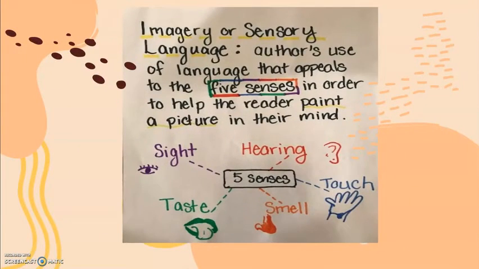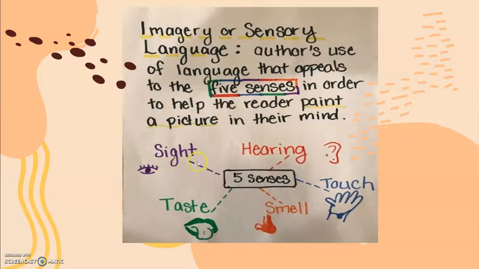Let's look at what imagery or sensory language is. Authors use language that appeals to the 5 senses in order to help the reader paint a picture in their mind. So when we're talking about imagery or sensory language, we're talking about using our 5 senses to paint pictures in our mind.